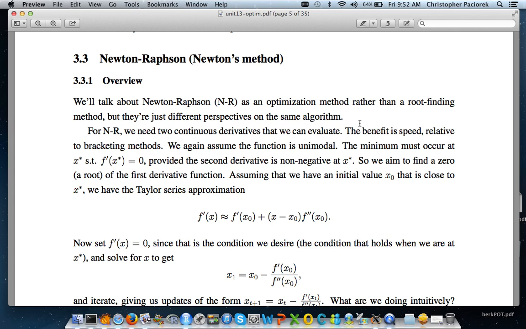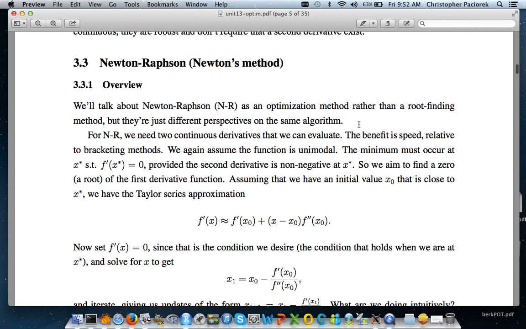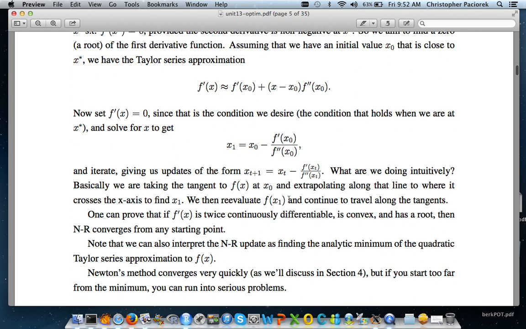And I'm going to set this to be 0, and I'm going to solve for x. And when I solve for x, that's going to give me my x1, and that's going to be a function of x0, f prime of x0, and f double prime of x0. So this is my new x1. That tells me what x1 is, and then I just march my way along and continue along. So the general update is x_{t+1} is x_t minus the ratio of these derivatives here.